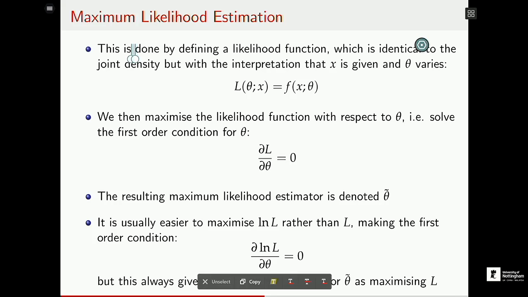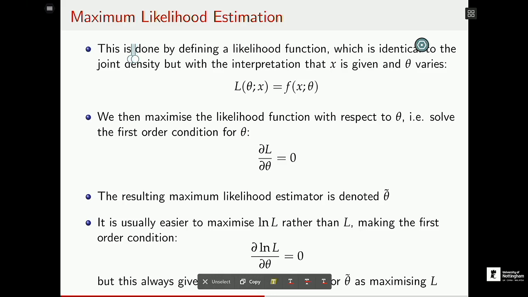So in a joint density environment, you're kind of picturing theta as being fixed, and x varies as you go sampling. In a likelihood situation, you've got your sample, so x doesn't change, and you're imagining different thetas. But it's the same equation. Right, so that's the definition of the likelihood.